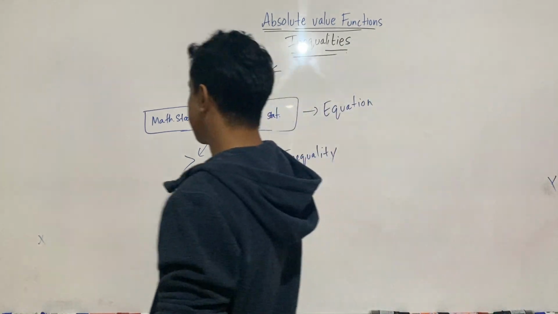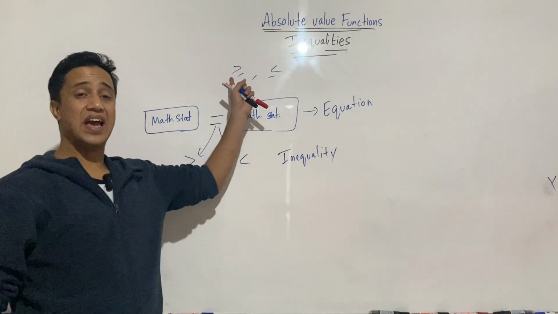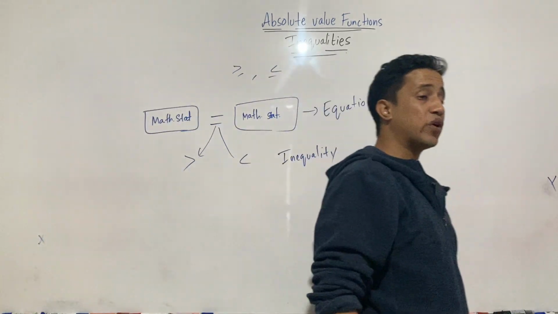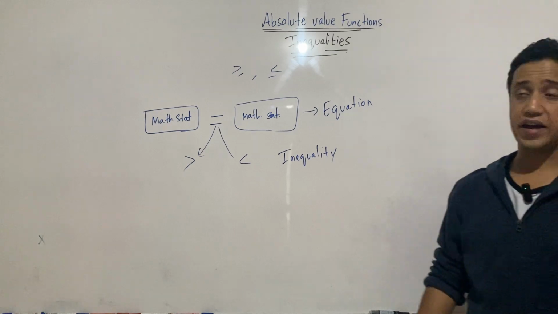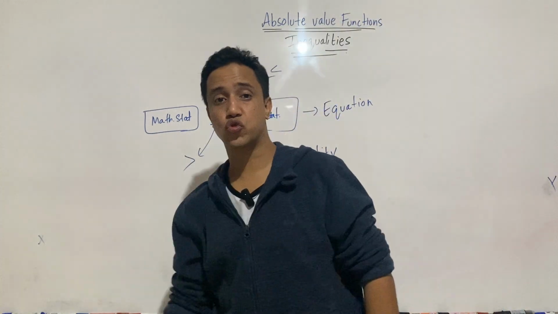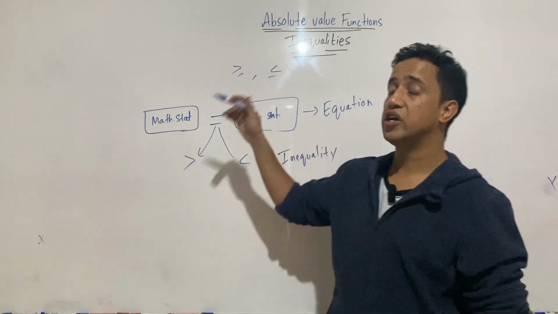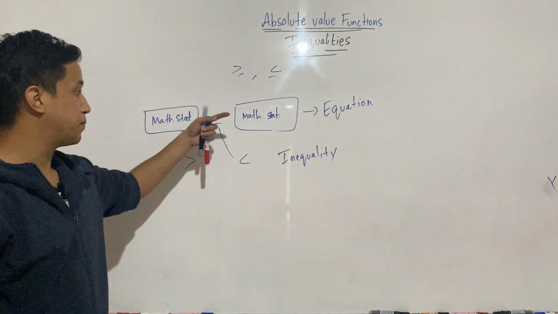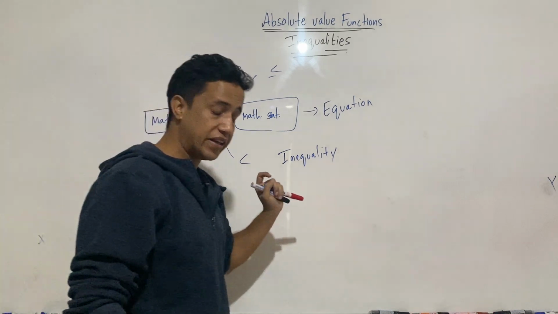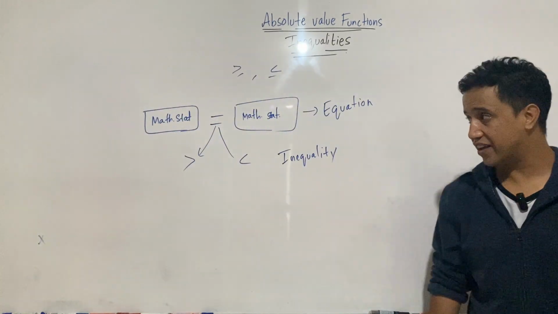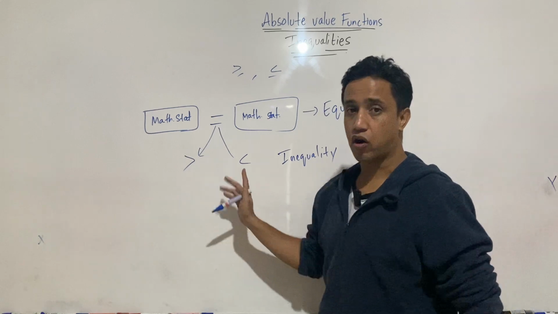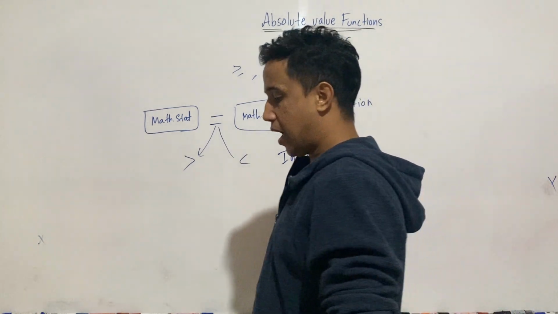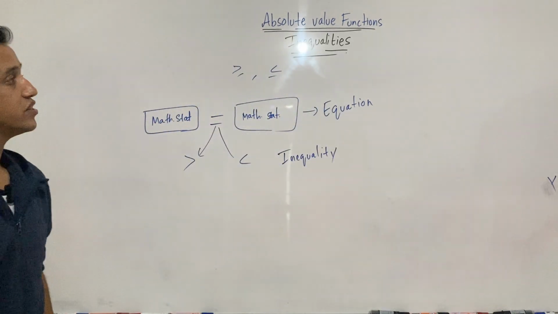So it contains equality and inequality as well, but we are going to call it inequality. Then we have ways to solve it, which we are going to see later. But the main difference between an equation and an inequality is that an inequality has a greater than or less than sign between the two mathematical statements.